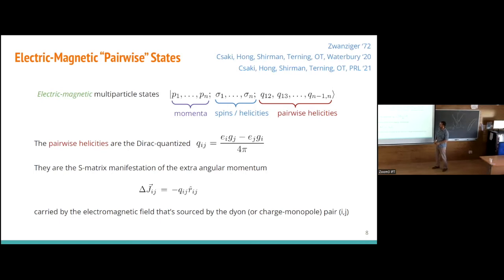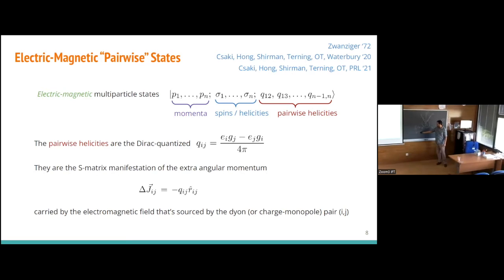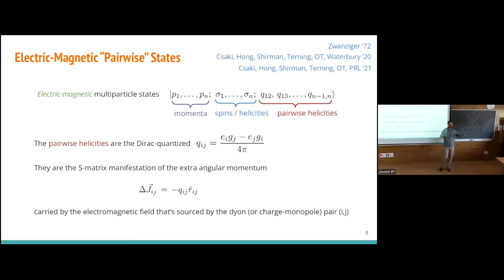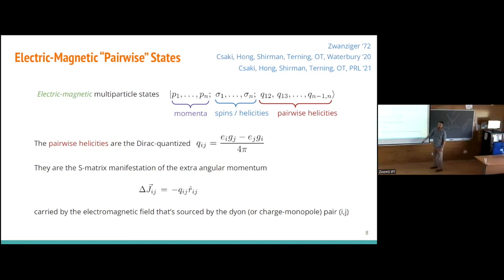And these q_ij are just the generalizations of this e times g. So we write e_i g_j minus e_j g_i just because generically a particle could be a dyon and could have both an electric and a magnetic charge. And this correct combination is what's quantized by Dirac-Schwinger quantization.